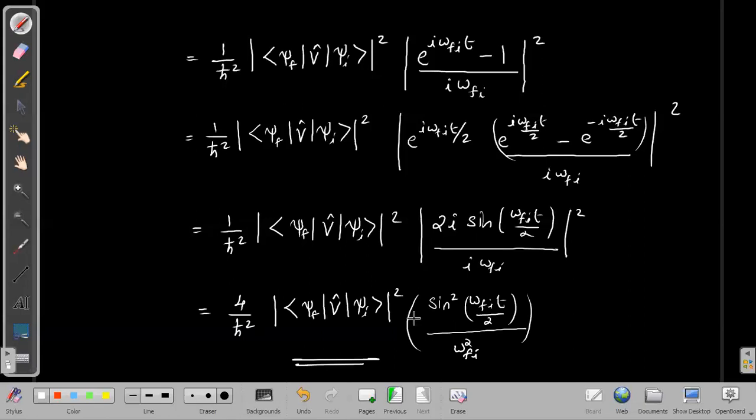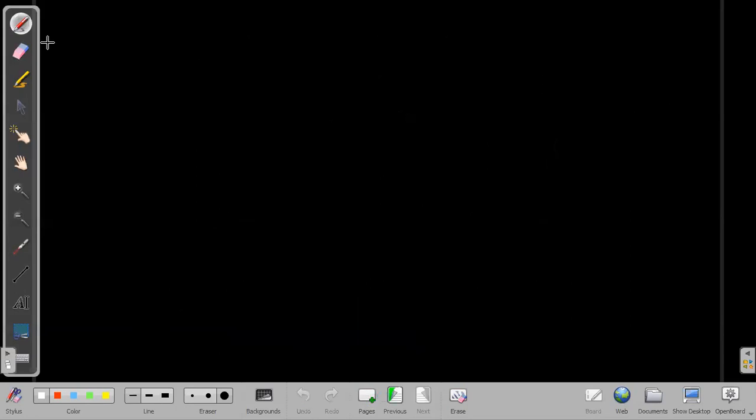So obviously this probability will vary with time. So you can plot this probability of transition as a time graph. So how will it look? Better you can have a graph.